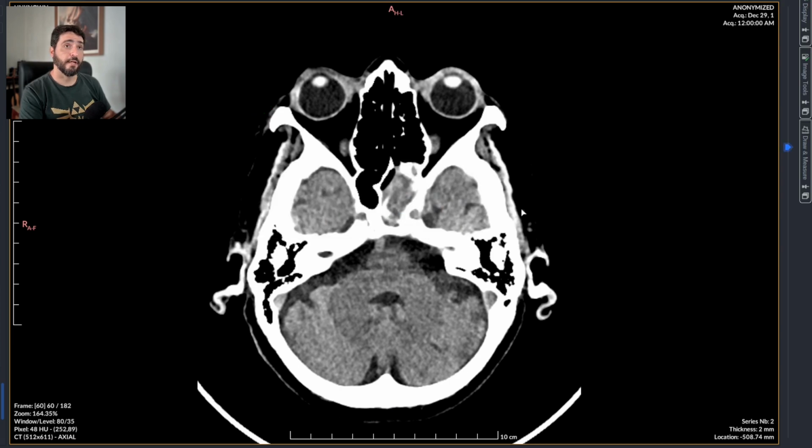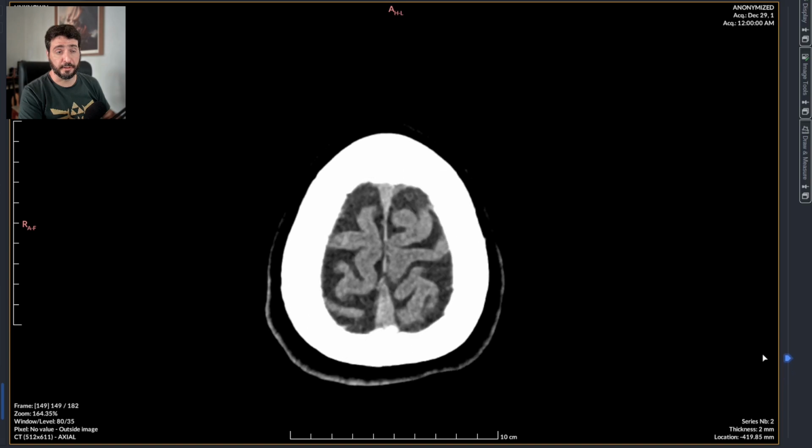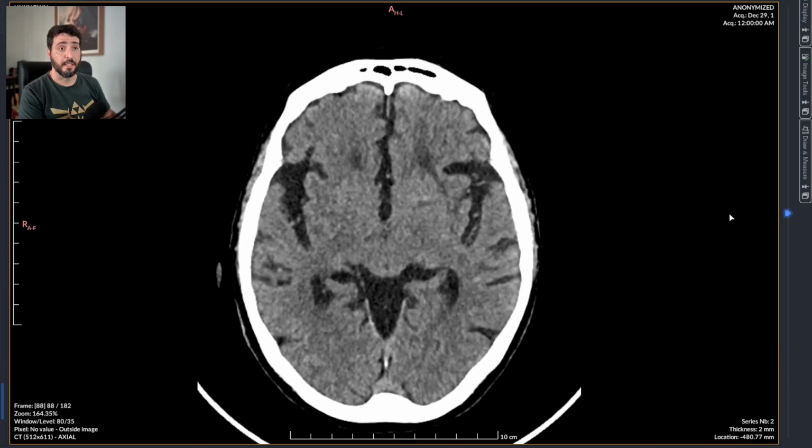So you have to picture yourself as if you were by the sole of his feet, looking forward, and the scanner is making the cross-section images and showing to you, so you have to orient yourself accordingly.